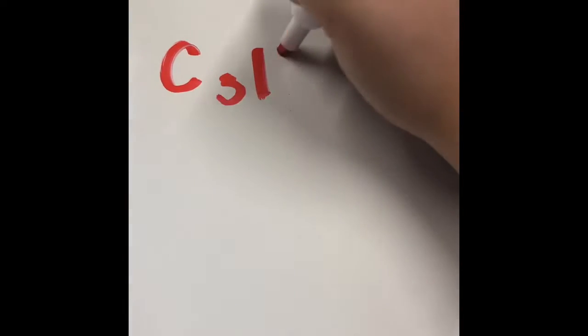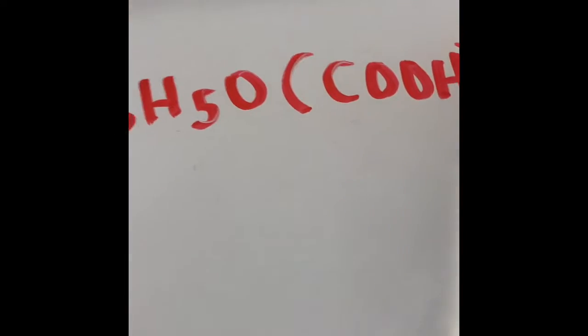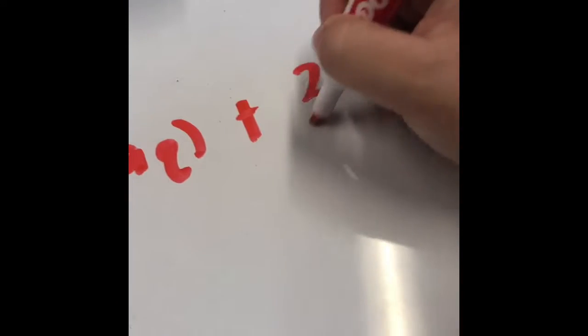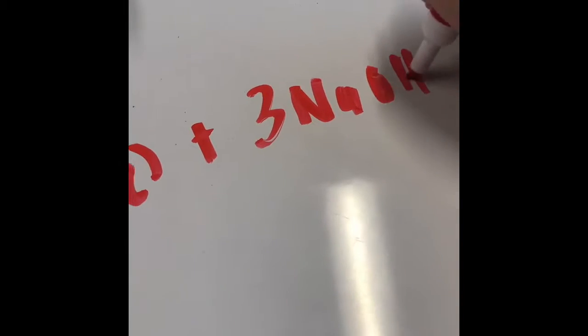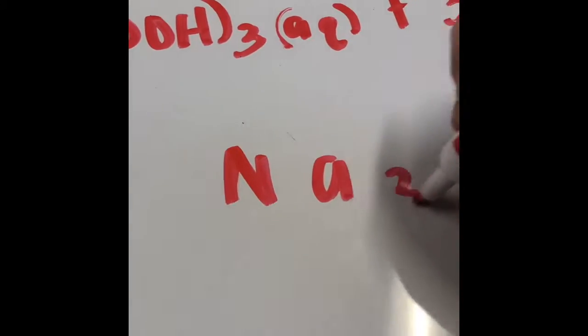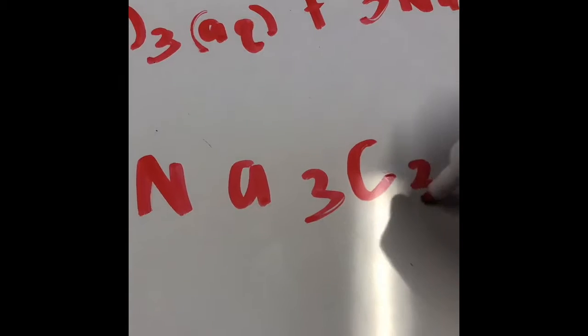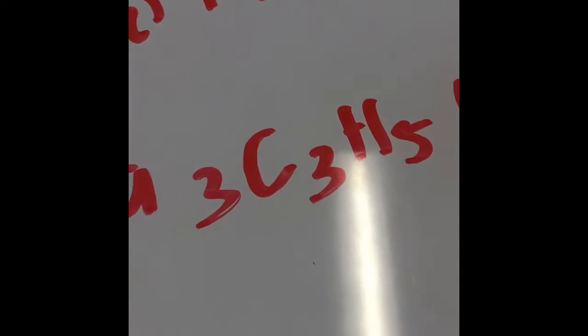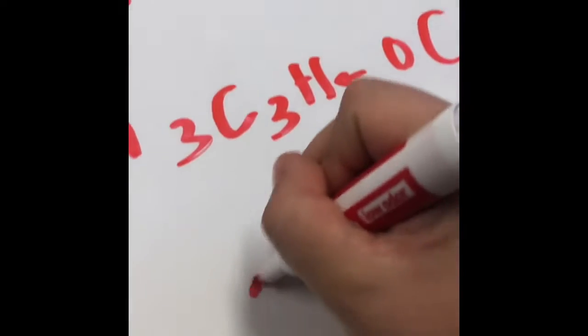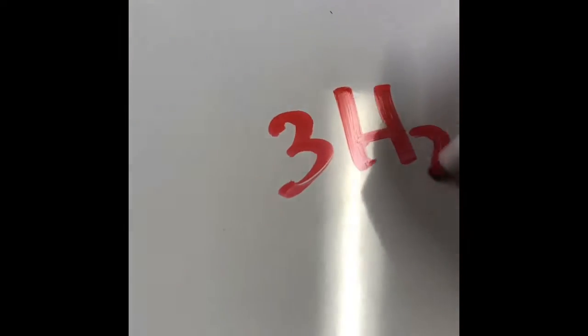So first we start with citric acid, which is C3H5OCOOH3 aqueous, plus 3 moles of NaOH aqueous, which is sodium hydroxide, and which yields Na3C3H5OCOO3 aqueous, which is sodium citrate, plus 3 moles of H2O, or water liquid.